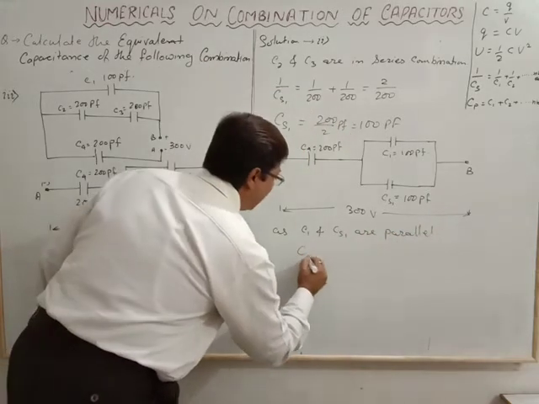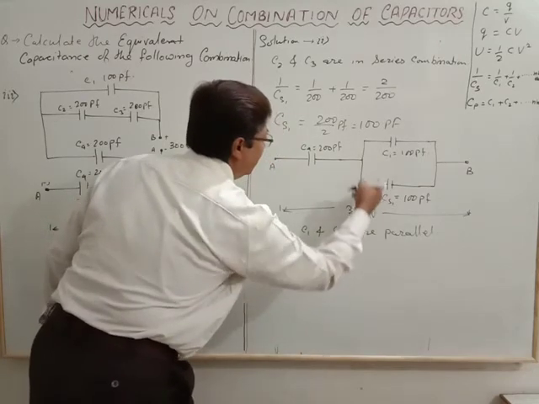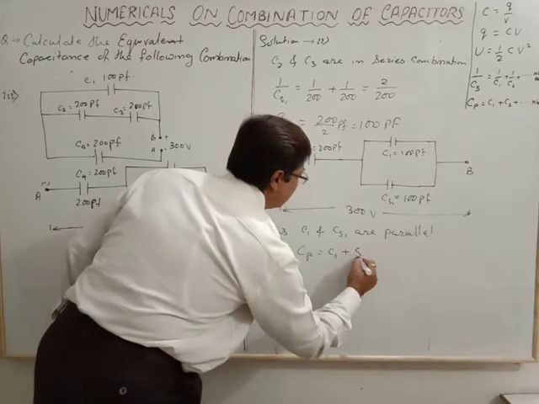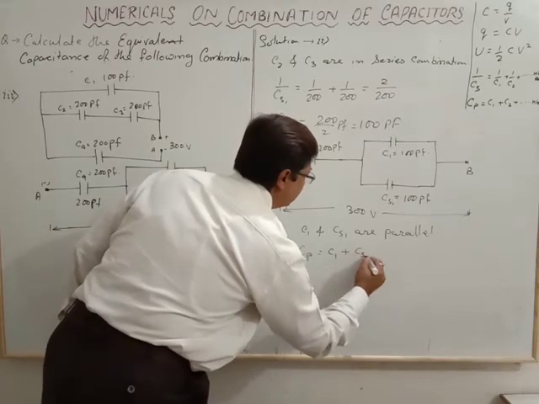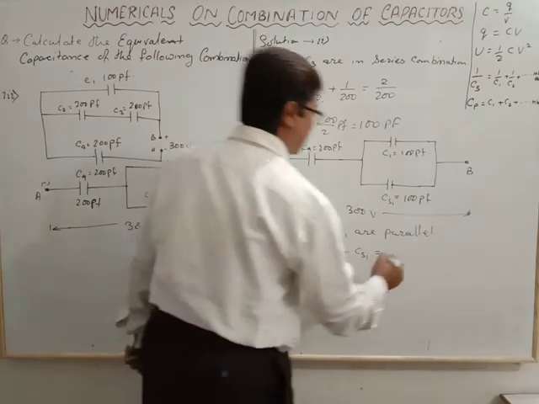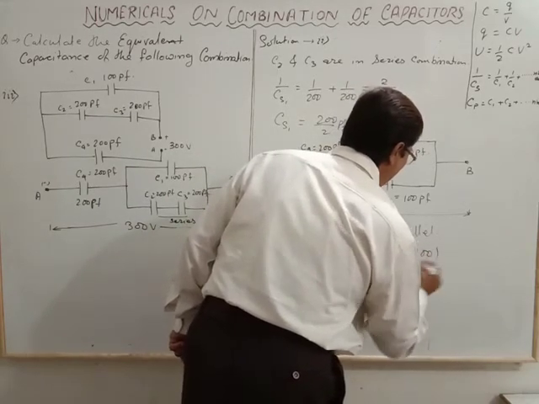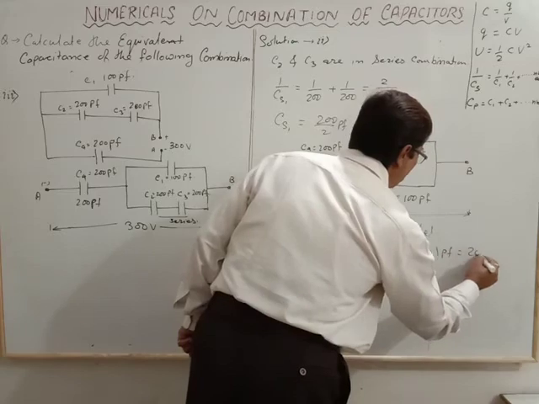Thus C parallel is equal to C1 plus CS1, that equals 100 plus 100 picofarad, that is equal to 200 picofarad.